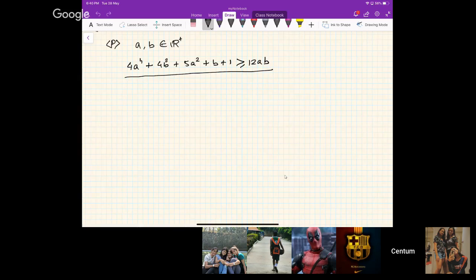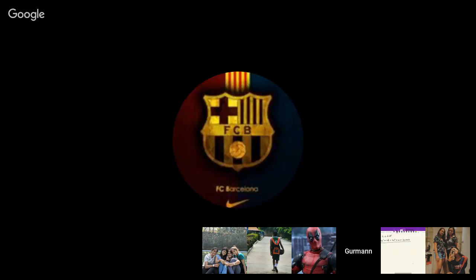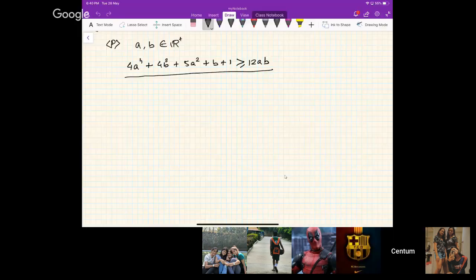Yes, Kshitij, what are you thinking? Guys, you're silent. Gurman? Yes, sir. Any thought process on this? Sir, I'm trying to find the GM and the HM. GM and HM of what? Why? GM of what? And there are lots of pluses, so why are you not going for AM?